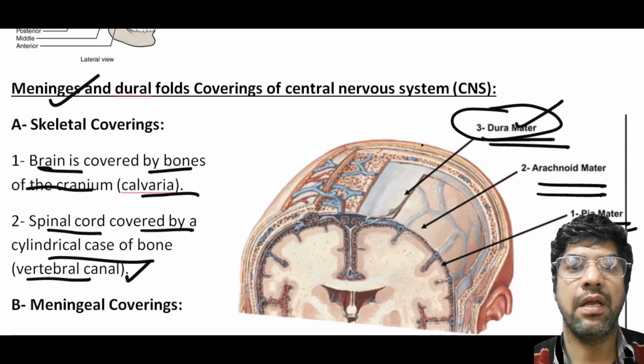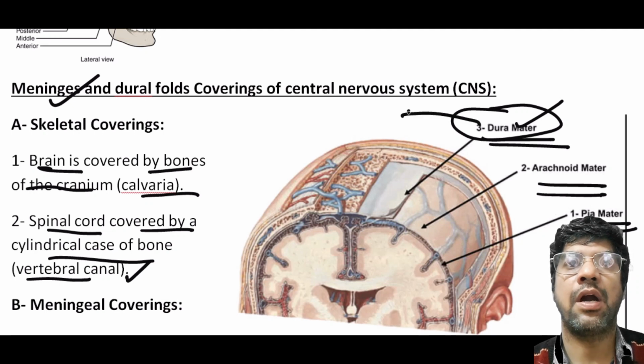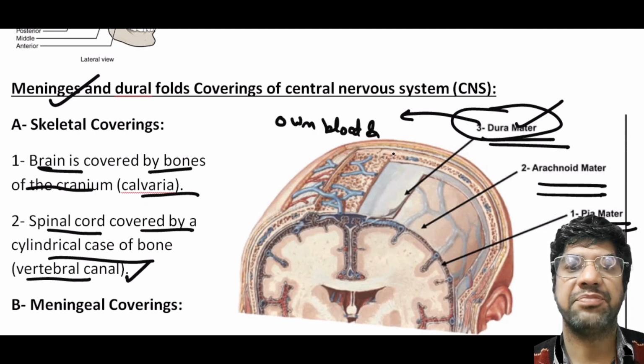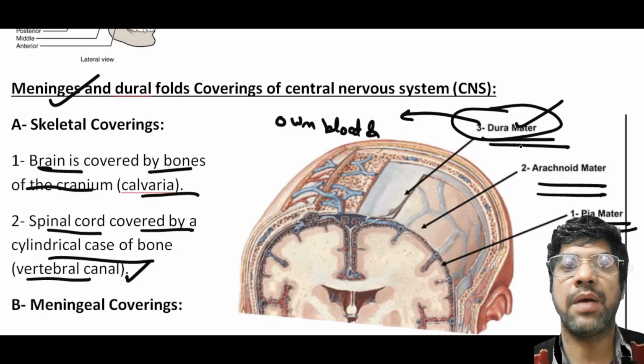It has its own blood supply and nerves. The space between the dura mater and the arachnoid mater is known as the subdural space.